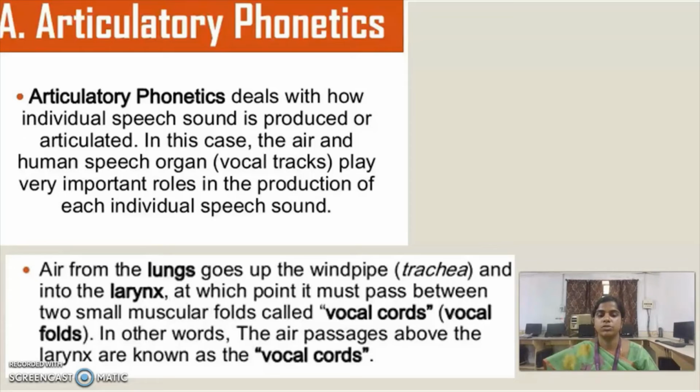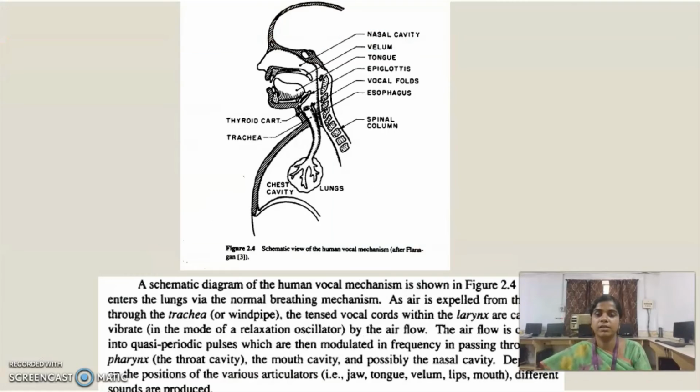It goes up to the trachea, and by the movement of the vocal cords, the air is converted into pulses, and they undergo modulation when they travel through the vocal production tube, and then they come out as speech signals.